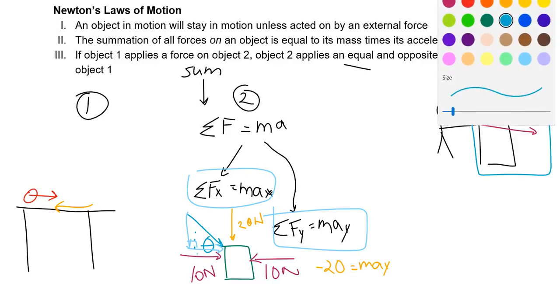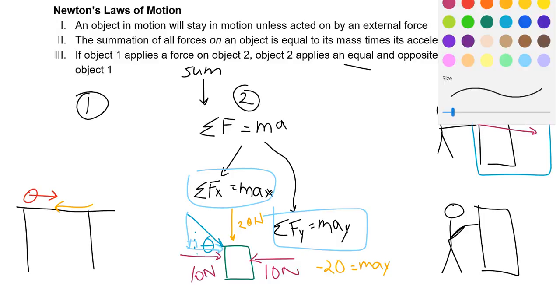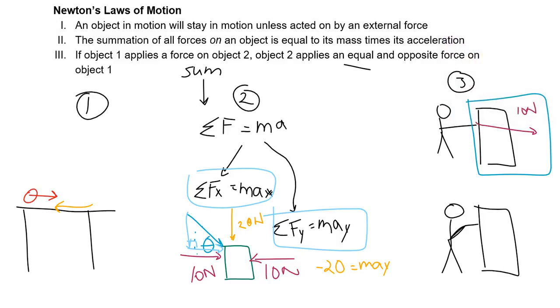However, if we were to draw the diagram for the person, we would know that he is pushed back on by the box with 10 newtons. So the diagram for the person would be 10 newtons to the left.